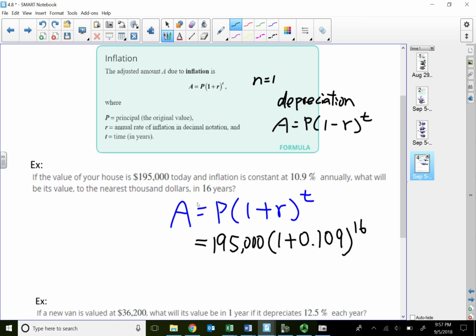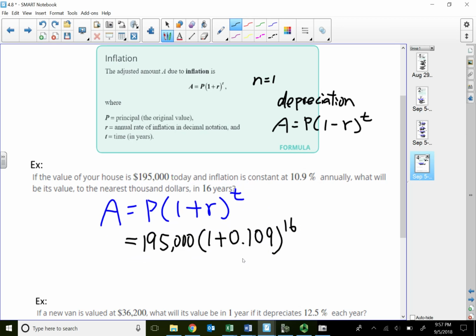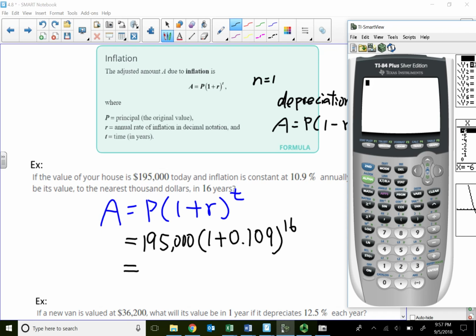So the same house, if the market in this particular neighborhood has inflation at 10.9% annually, how much would your house be worth after 16 years? So let's check it out. 195,000 times 1 plus 0.109, close parenthesis, whole thing raised to the 16th power.